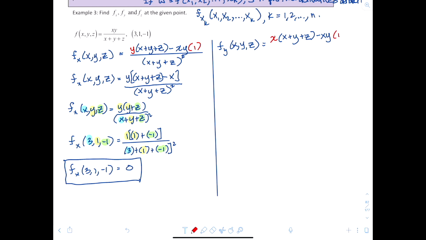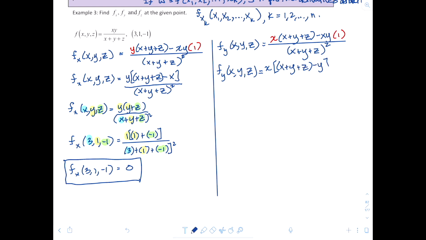Because this time the x plus z will zero out. And that will all be over the denominator squared. All right, cleaning it up, let's see, I think we can factor out an x this time. So we'll have x times x plus y plus z minus y, all over quantity x plus y plus z squared.